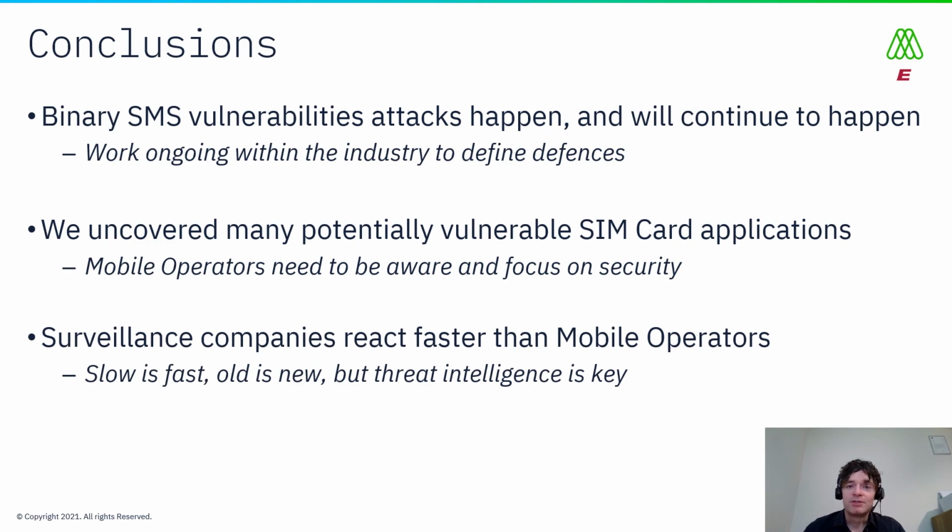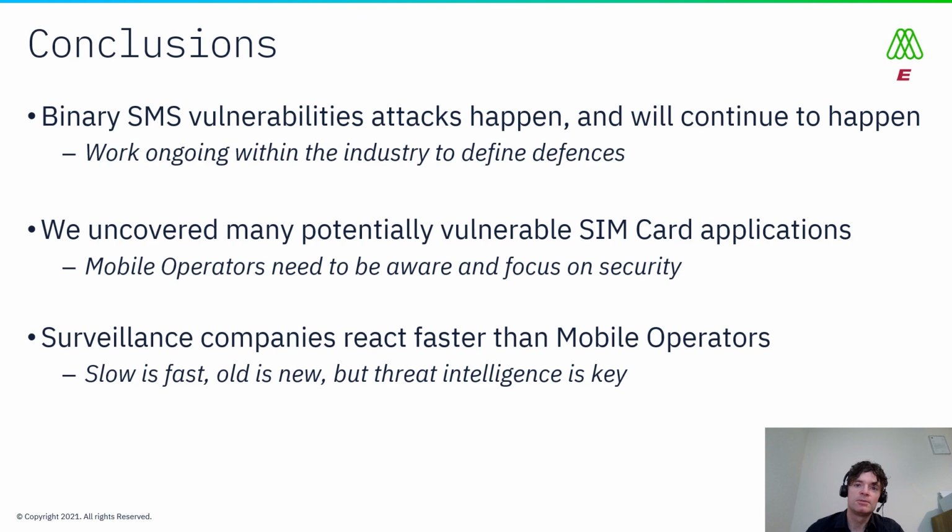And finally, as we show, in certain circumstances surveillance companies do react faster than mobile operators, or a subset of mobile operators. What we say to our customer operators is that slow is fast and old is new. It's better to do this right. Because the attackers themselves don't think in terms of one protocol or a different protocol, or IP versus mobile network.